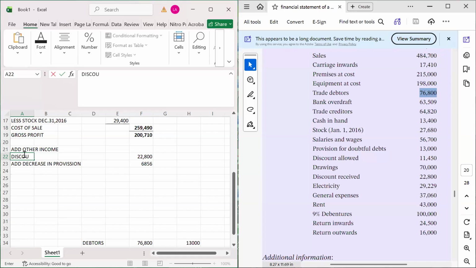You remember we brought a discount receipt. This figure is the discount receipt, and this one is the provision. So you add it to this one, this plus this plus this. So this will give us the total income. Our total income. Okay, this figure.